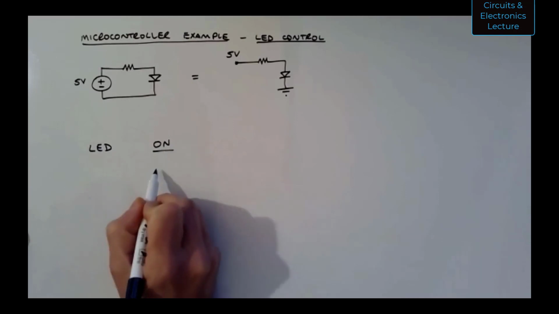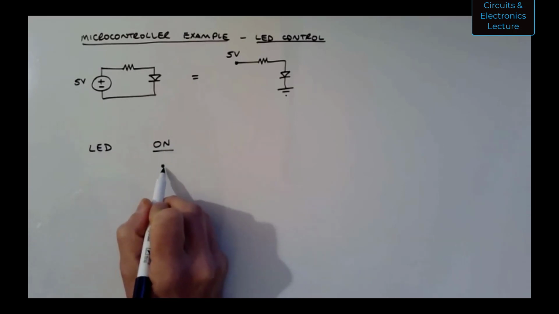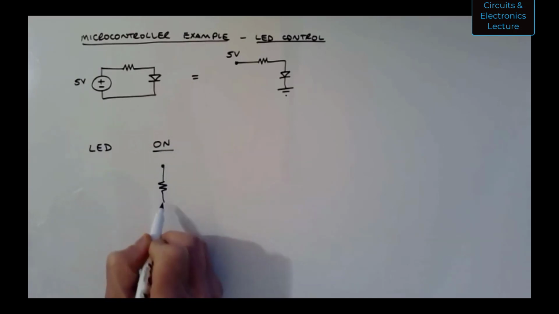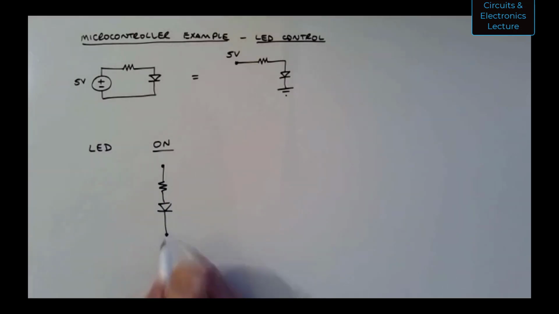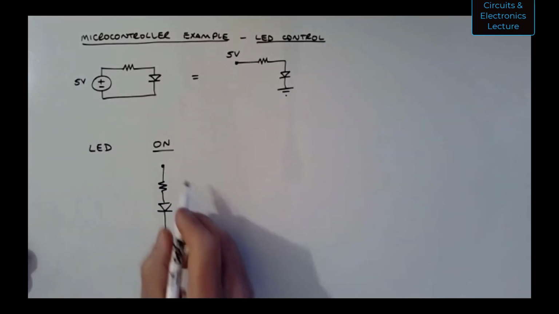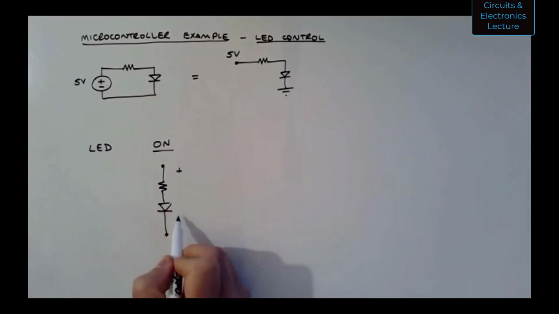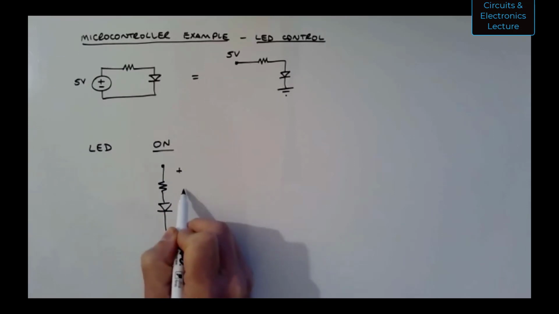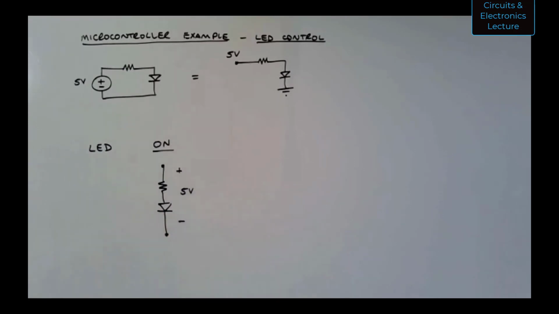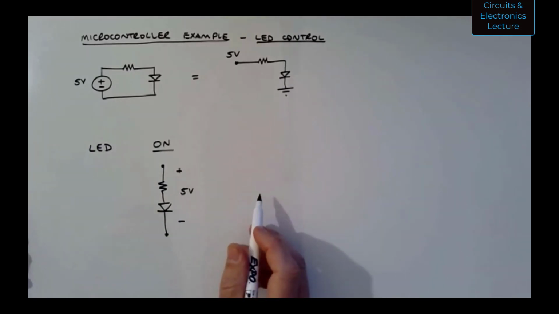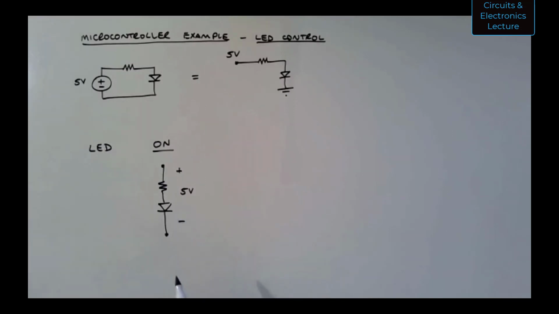If you want this LED on, let me just draw the LED and the resistor like that. What I need is 5 volts with that polarity across this series resistor and diode. And that's how I turn this LED on.